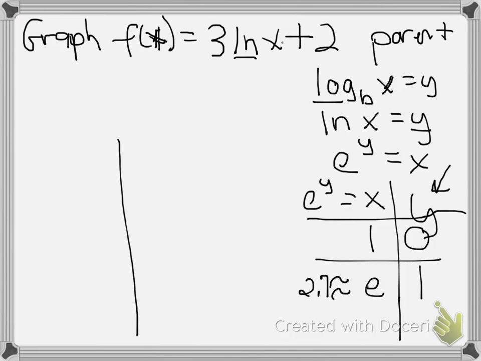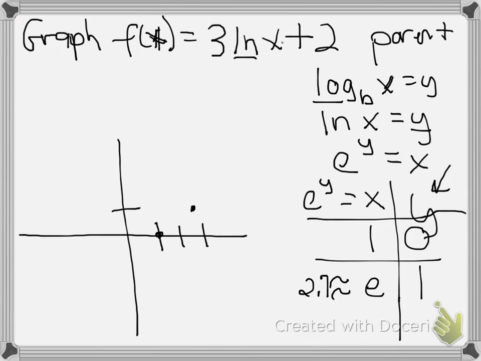So here's our graph, and we're going to first graph the first point, which is 1, 0. So here is 1, 0, and then we're going to plot 2.7, so we're almost at 3, and then we're going to go up 1.